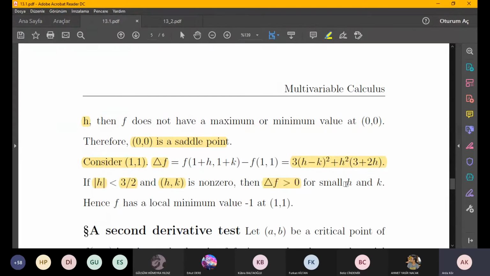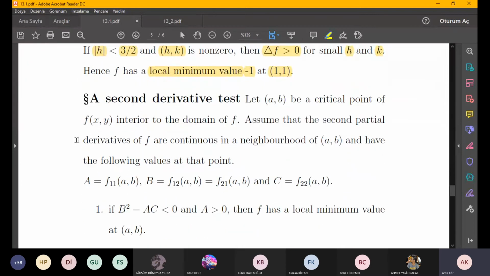So that means f has a local minimum value at point (1, 1), which, from the definition of f(x, y), is f(1, 1) equals minus 1. So that will be the local minimum value of the function.